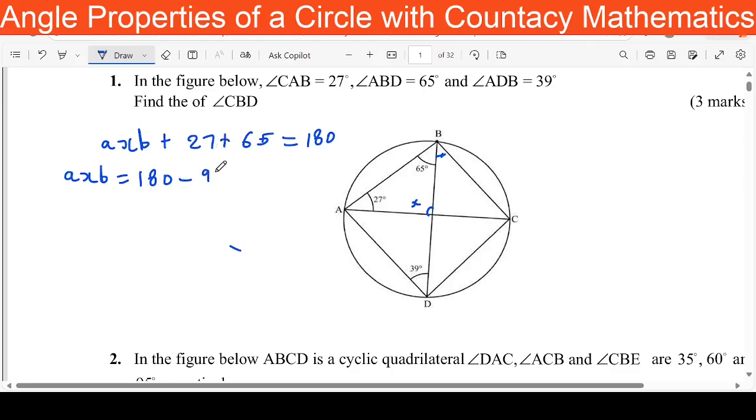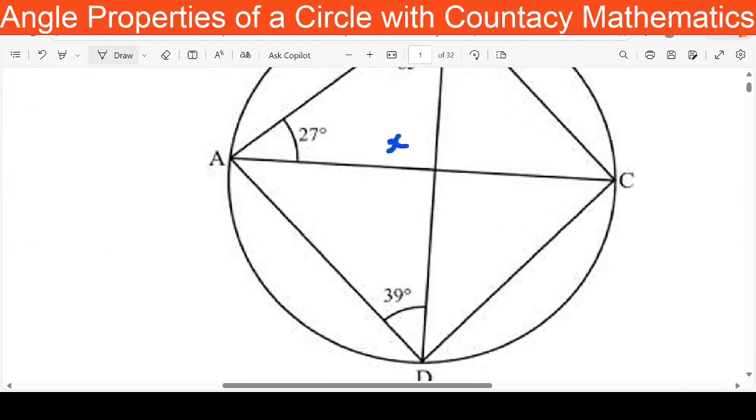So we do 180 minus 92, and that is supposed to give us 88 degrees, which then would imply that this angle right here is 88 degrees. We can actually go ahead and label it, so that we can visualize it even better. So this angle over here is 88 degrees.